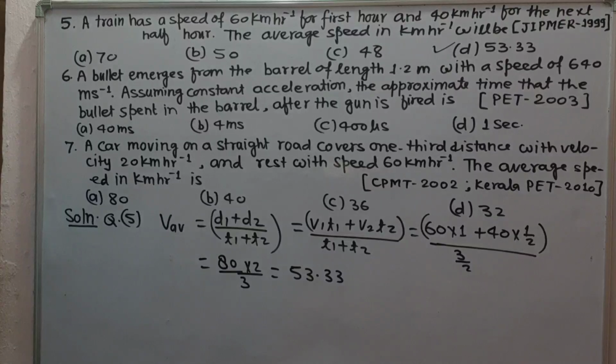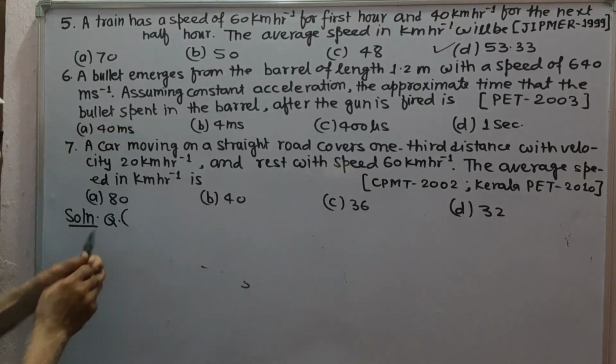Next question number 6. A bullet emerges from the barrel of length 1.2 meter with the speed of 640 meter per second. Assuming constant acceleration, the approximate time that the bullet spent in the barrel after the gun is fired is. These are the options.